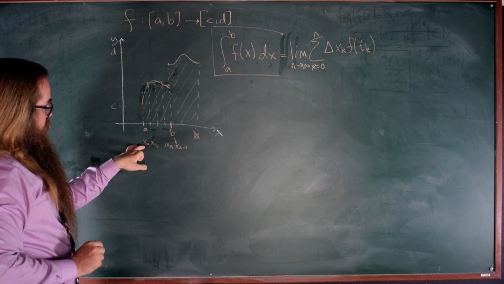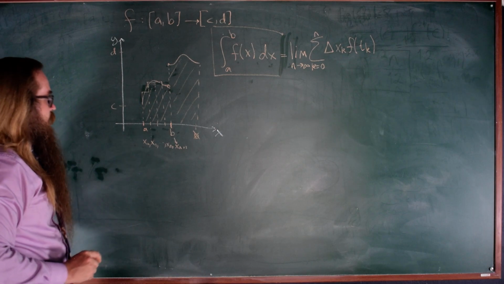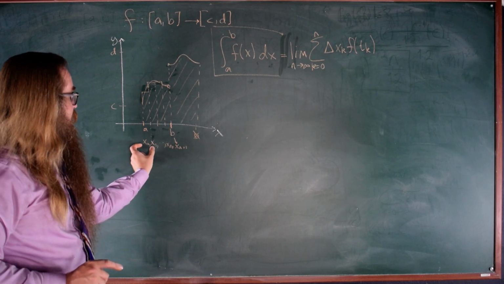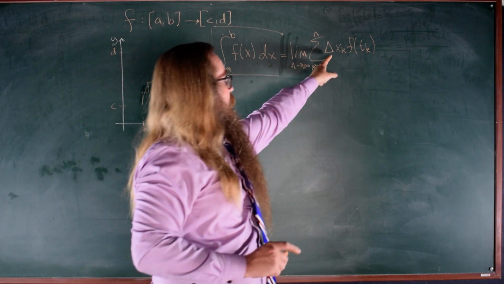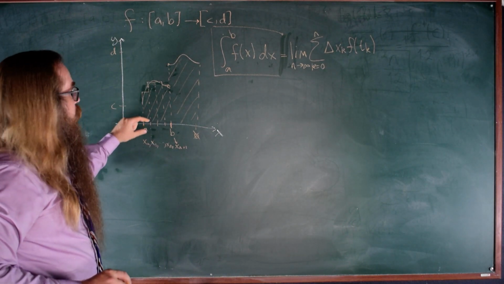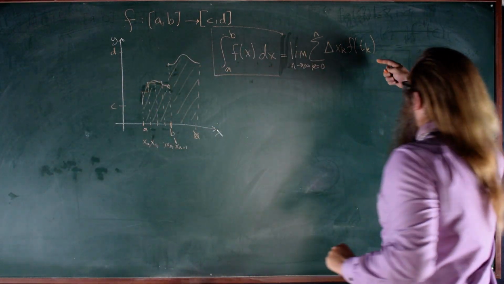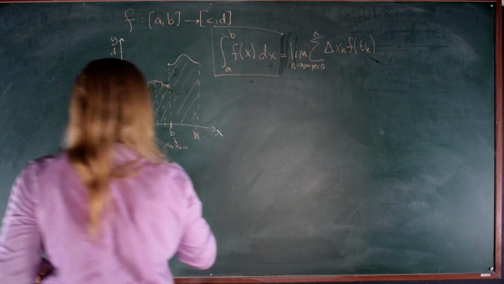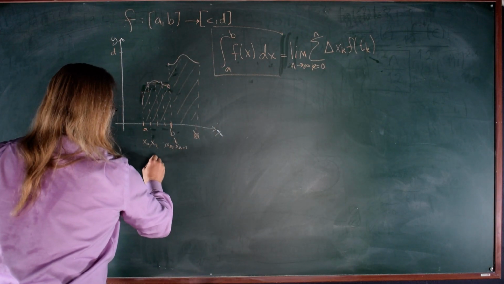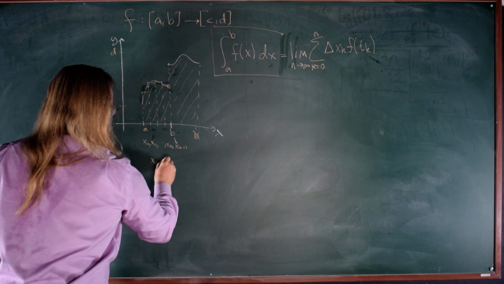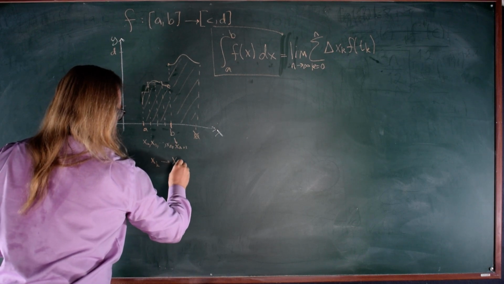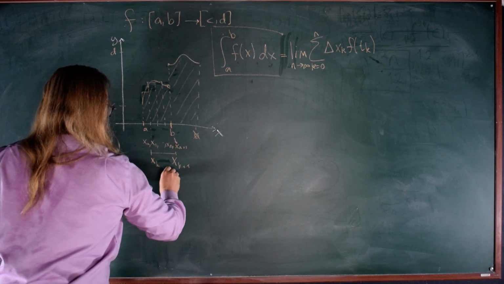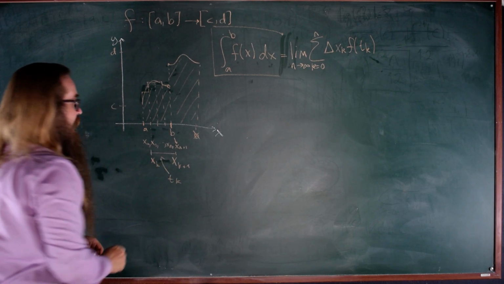So what I've done here is I've taken the width of each of these intervals, the difference between this and this, which is this delta here, and then I've multiplied by the function value at some number, where tk is in the interval. So we have the interval from xk to xk plus 1, and tk is some value in there.